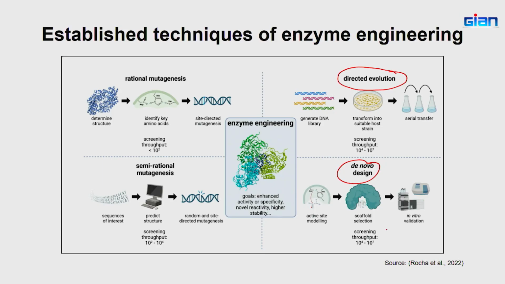It's a very costly process, but it's an important process. But you have to do multiple validations. So you have your active site modeling. You change the sequences of the enzymes itself, and then you have the semi-rational mutagenesis, where your random and site-directed mutagenesis are connected. You have your sequence of interest in there, and then rational mutagenesis, and then you have directed evolution. This is, in my view, the most common one and the most effective one, the directed evolution.